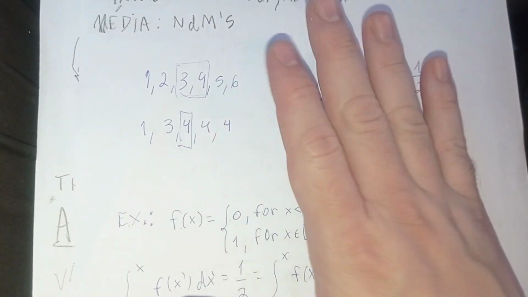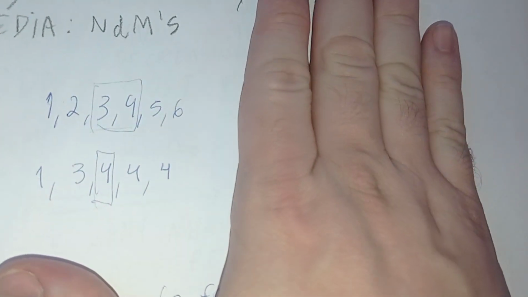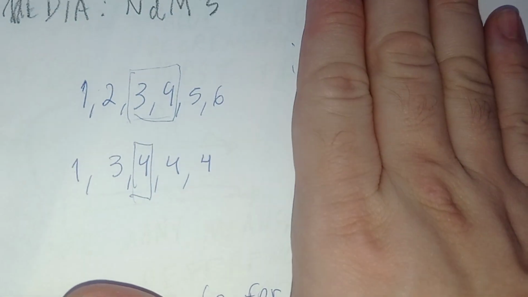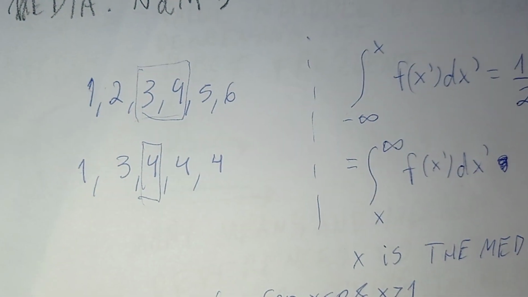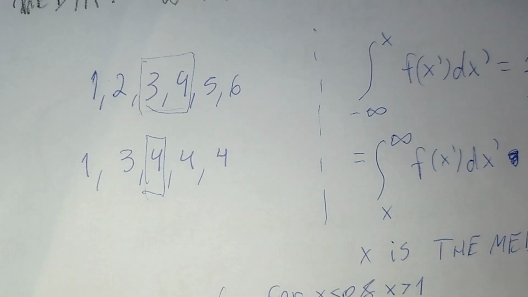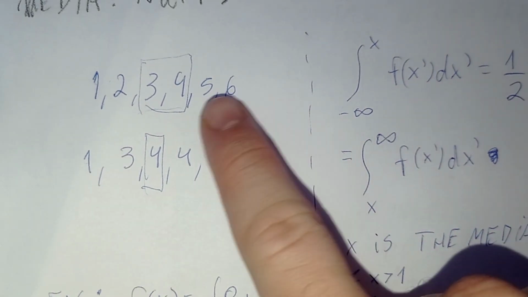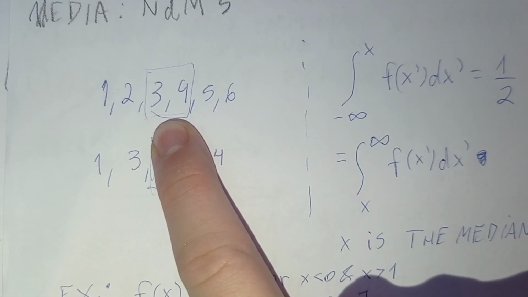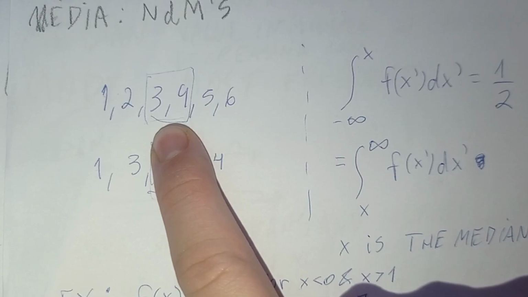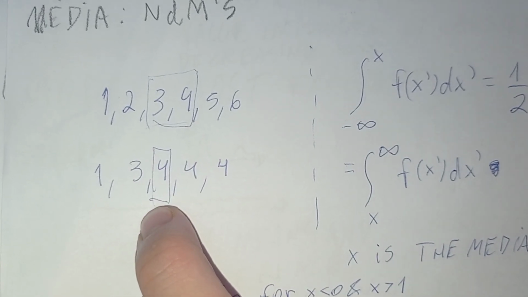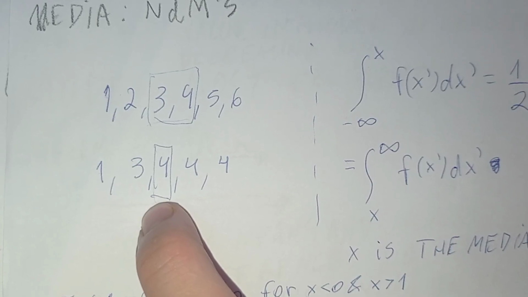In the discrete realm, there are two possible cases of things that can happen. You can have an even number of things in your data set, and you can have an odd number of things in your data set.